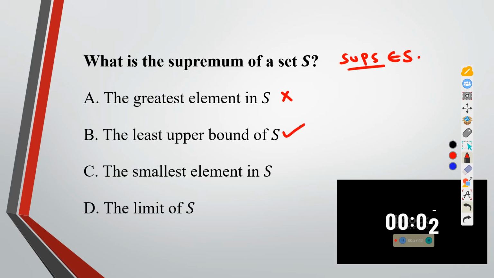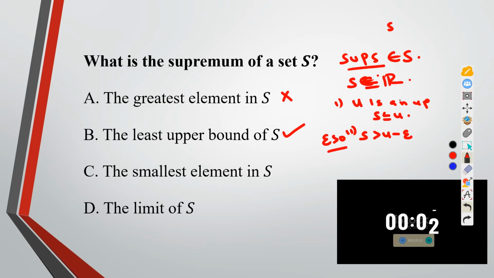Then the least upper bound of S, this is true: for any epsilon greater than 0, there should exist s picked from the set such that s is greater than U minus epsilon, meaning that no smaller number satisfies this given condition, meaning that U must be the least value in the set of upper bounds. So that is the least upper bound. Then the smallest element, this is out, and that would be the answer.